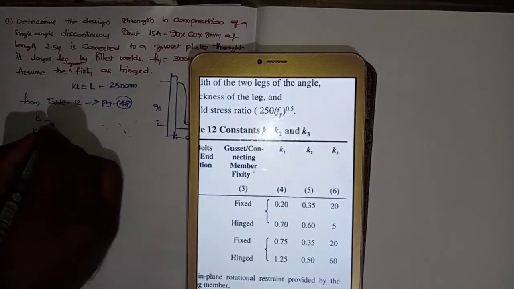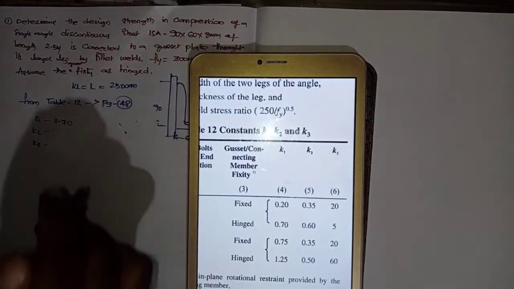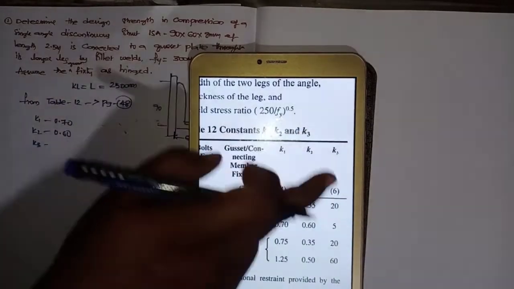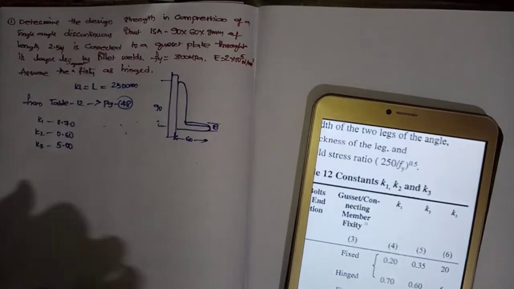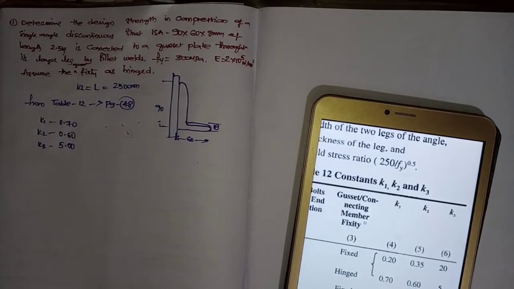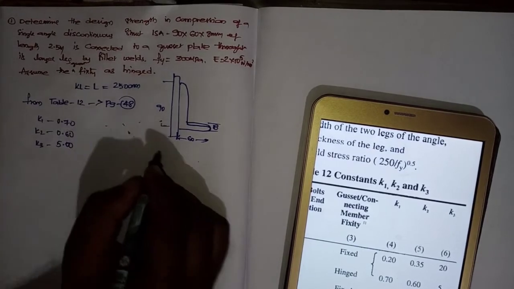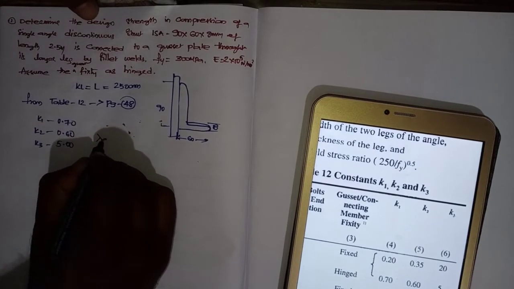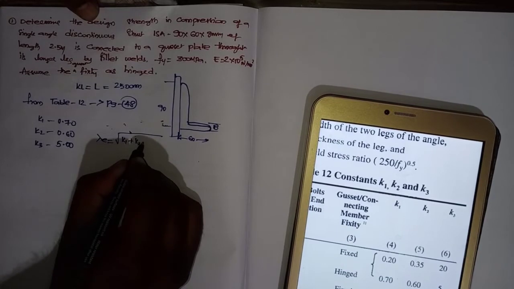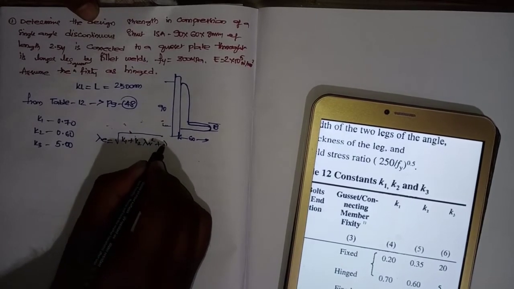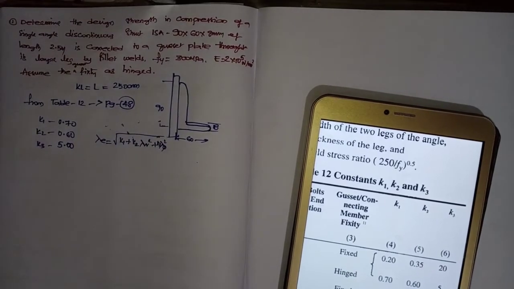K1 is 0.7, K2 is 0.6, K3 is 5. Next we first write the formula: lambda equals under root of K1 plus K2 lambda Vb square plus K3 lambda phi square.